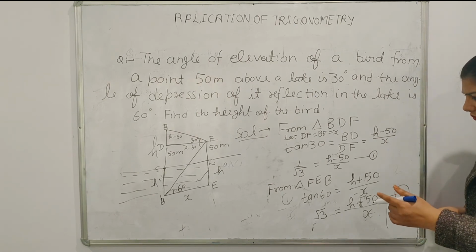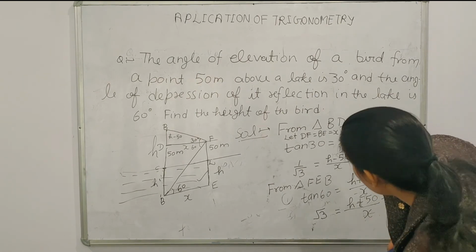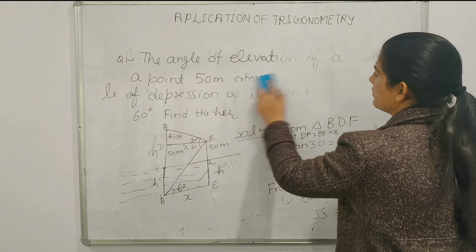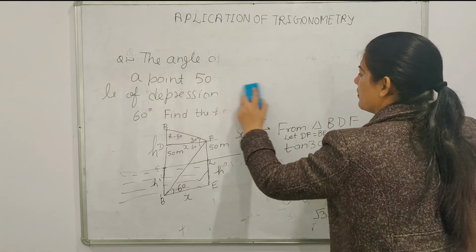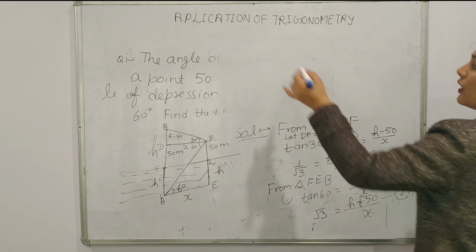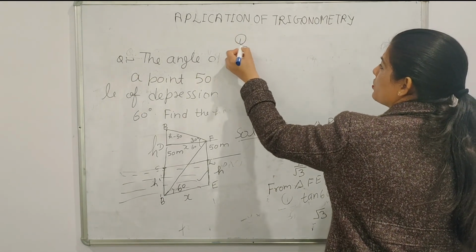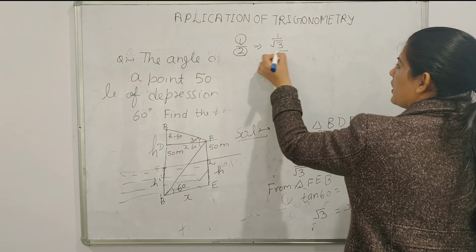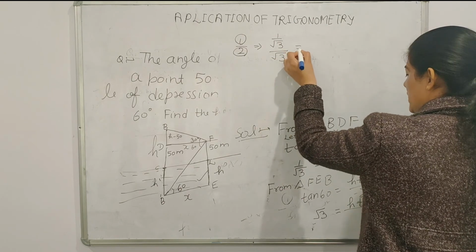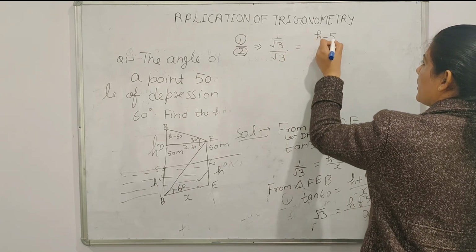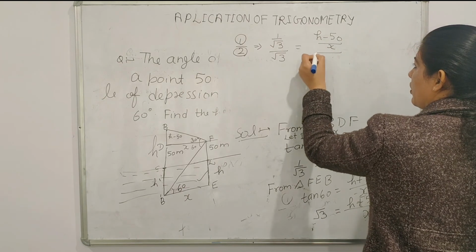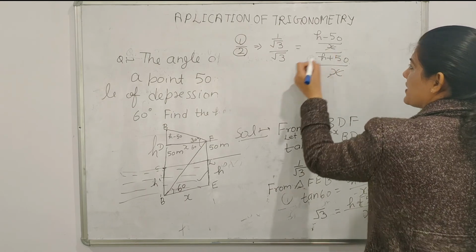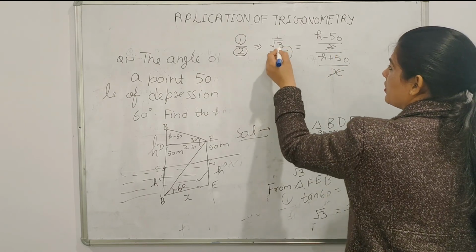Again we should divide these two equations to simplify. Equation 1 divided by equation 2: 1 upon root 3 upon root 3 is equal to h minus 50 upon X upon h plus 50 upon X, and this X cancels.